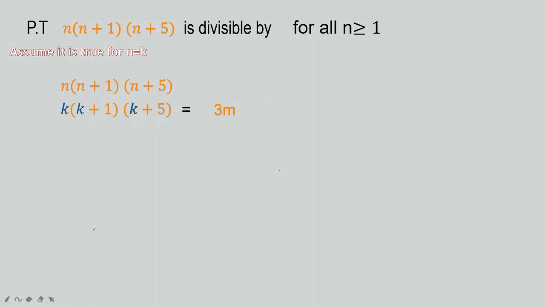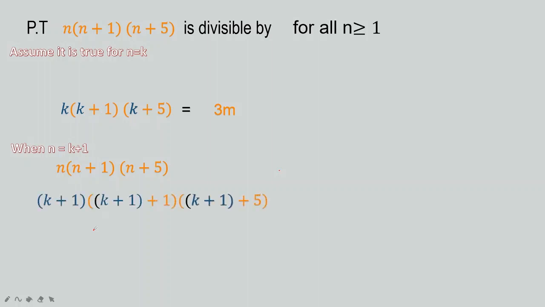Then the next step: what happens when n is equal to k plus 1? We write the expression again and, substituting n is equal to k plus 1, we get k plus 1 into k plus 1 plus 1 into k plus 1 plus 5.